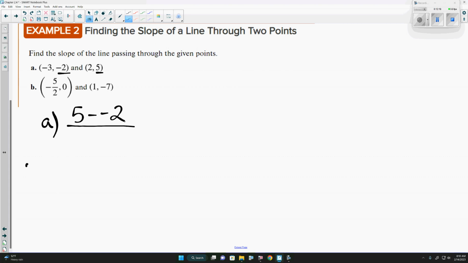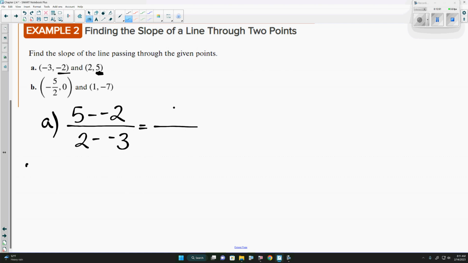I just need one first. However, whichever x value goes with that first y value has to go first. Since I put 5 first, its x value has to go first, minus negative 3. We just need one of them to go first and the other second, then they match up to the bottom of the fraction.